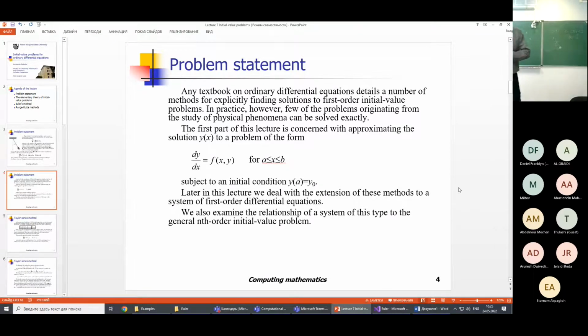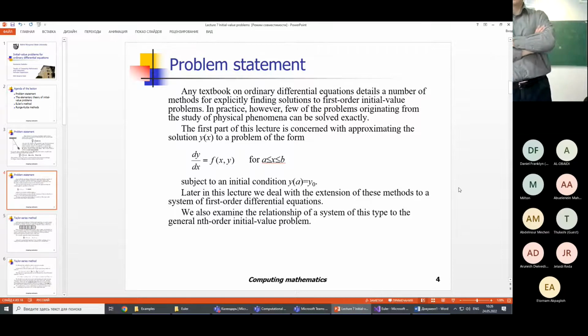Well, now we come back to our initial problem statement: dy over dx equals f of x and y.